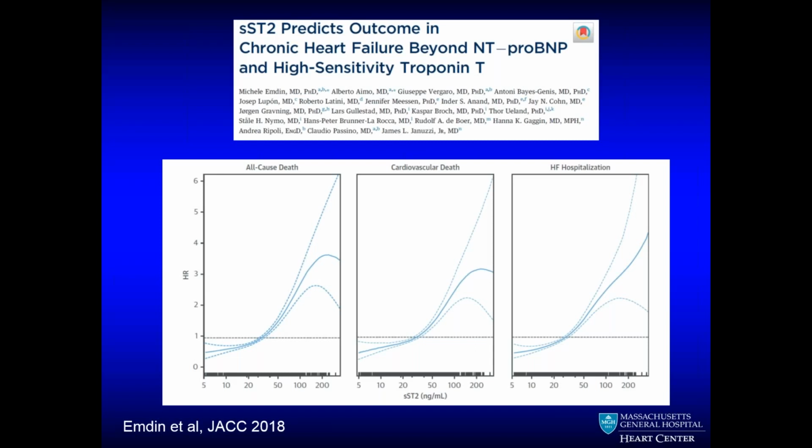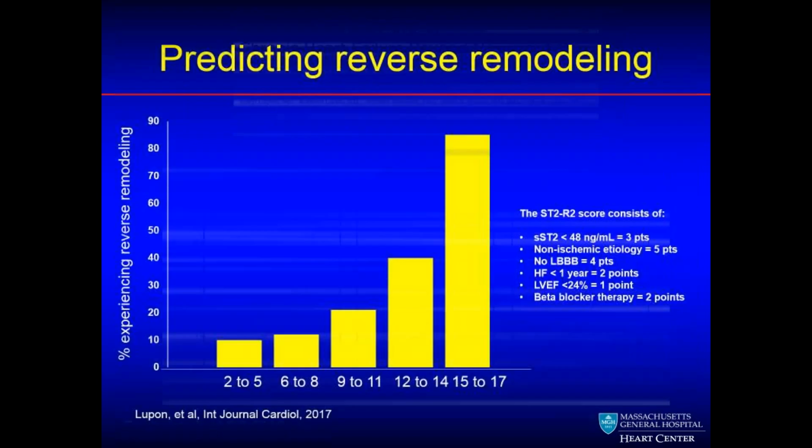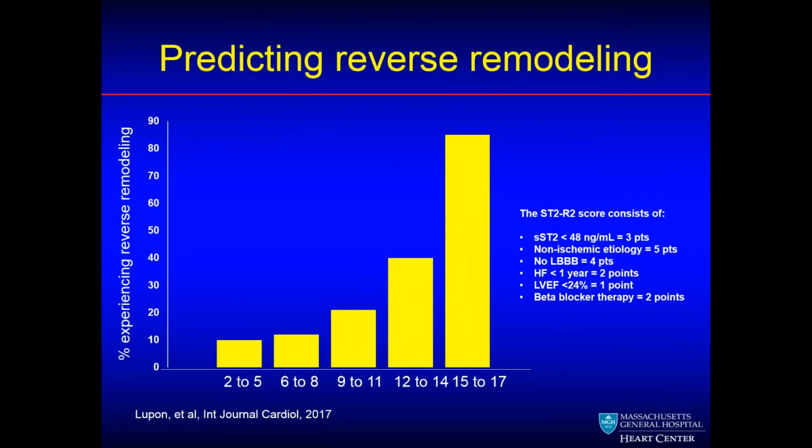Now, one question that we asked was, what explains this risk? In other words, why do patients with higher concentrations of ST2 have a worse prognosis in heart failure? What we found was, in fact, that ST2 very strongly predicts ventricular remodeling in chronic heart failure.